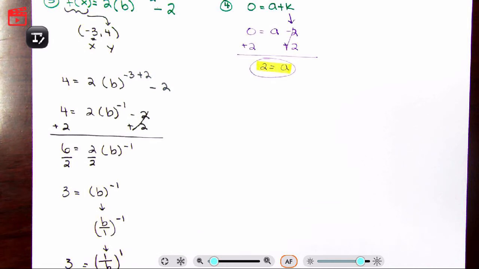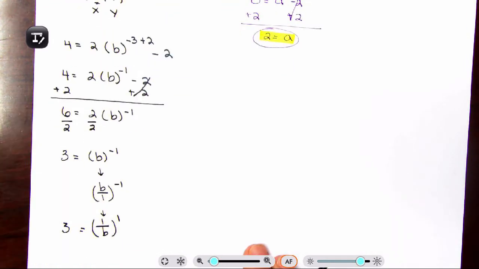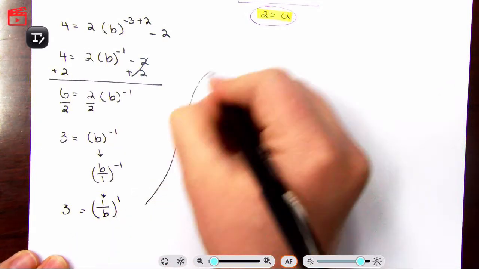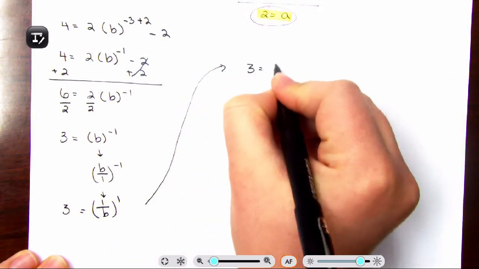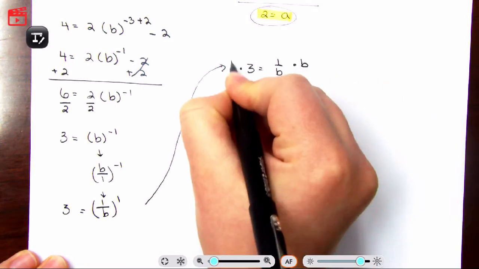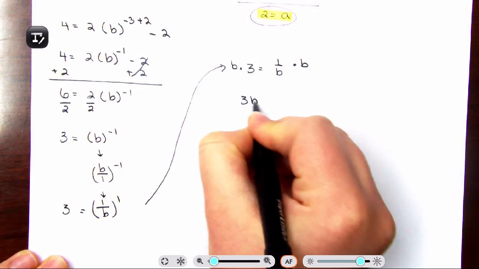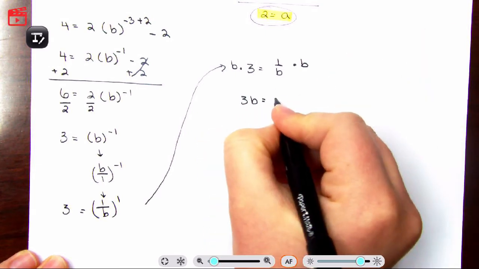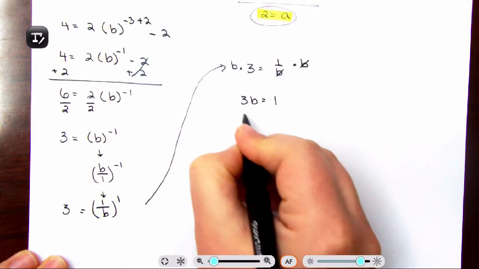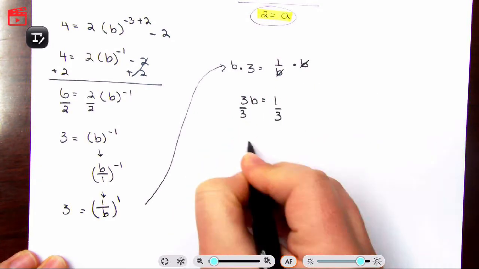So the negative just means that you are taking the reciprocal of the base. Once you have taken the reciprocal of the base, the negative disappears. So I have here, let's bring it back up, 3 is equal to 1 over b. I'm going to multiply by b on both sides. You can do it this way, or you can just flip both fractions. That is up to you. And there we go. b is equal to 1/3.